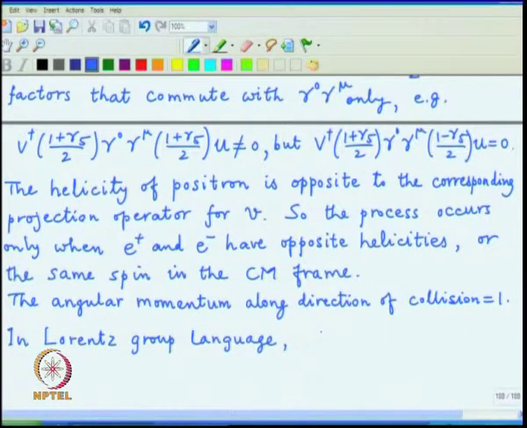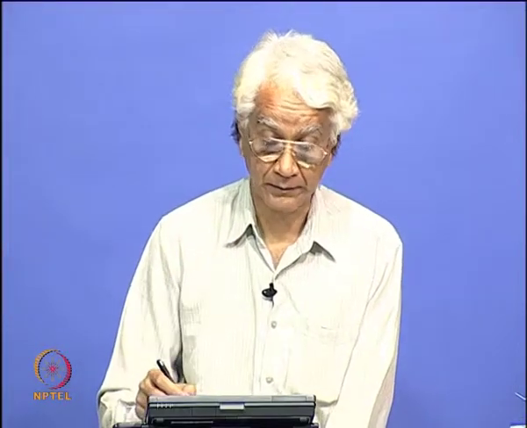The objects which we have are two Weyl spinors u and v, both of them have the same projection structure.